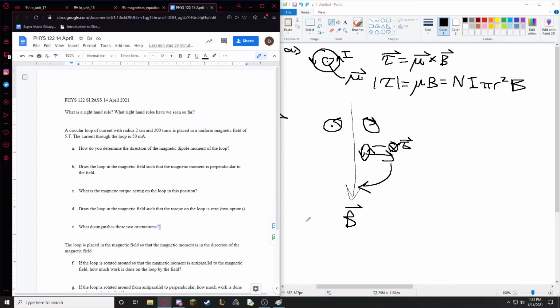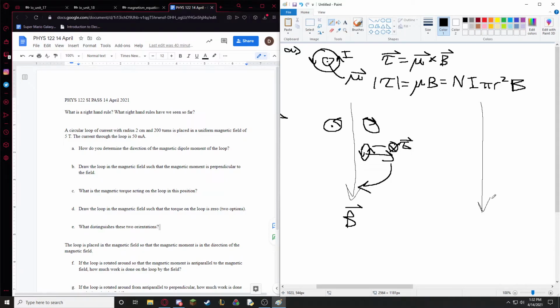All right, so what are two ways that we can orient our loop so that the torque on the loop is 0 in the magnetic field? What are our two options? Well, the dipole moment and magnetic field would have to be parallel.